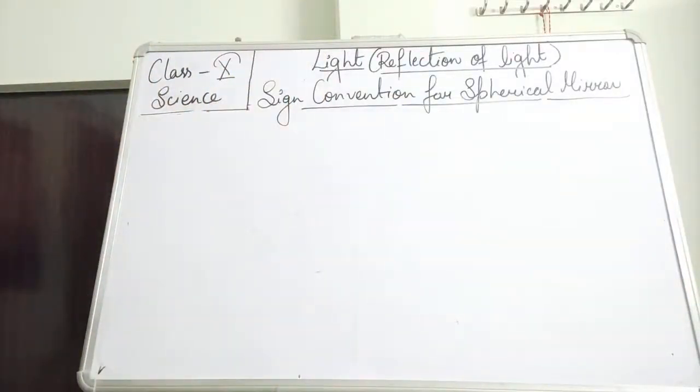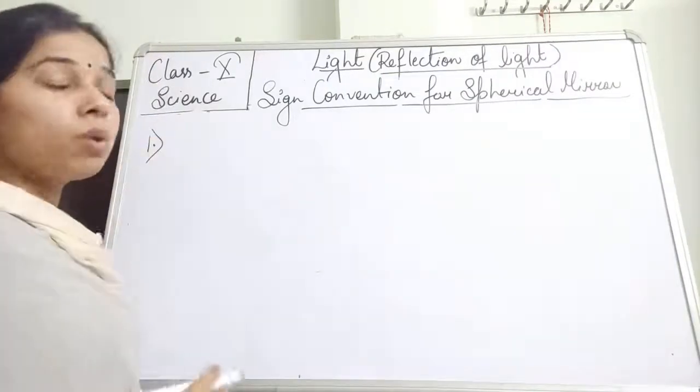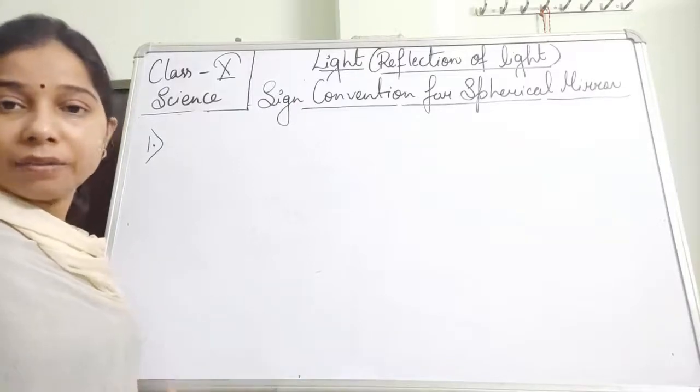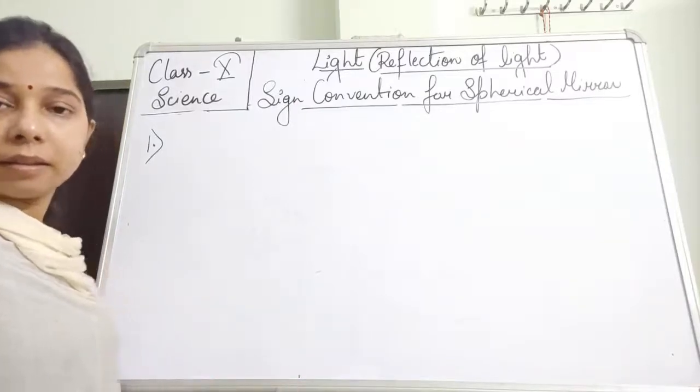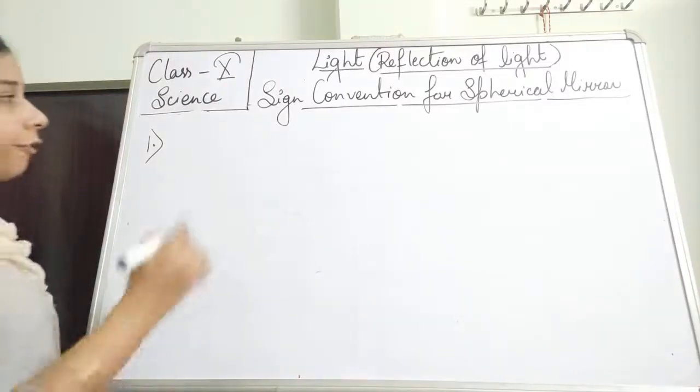So there are some sign conventions that we should know in order to solve the mirror formula or any magnification numerical. So what are the different sign conventions?